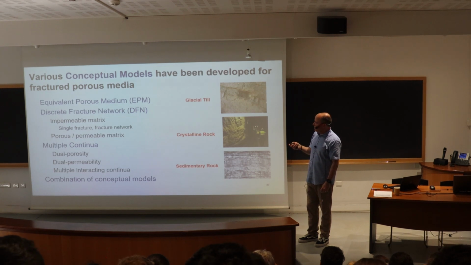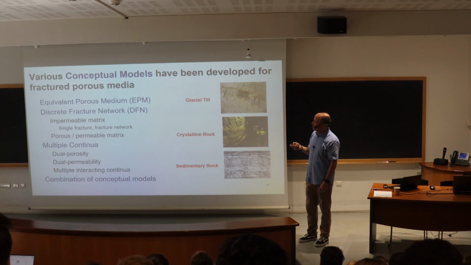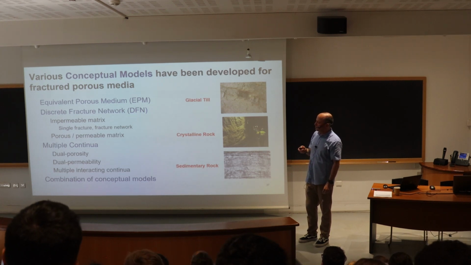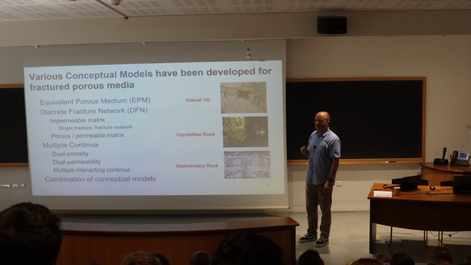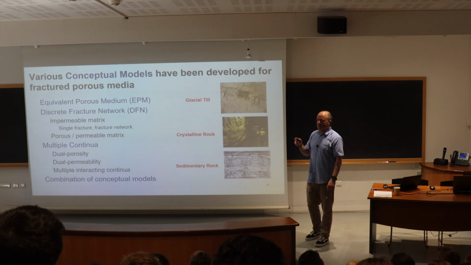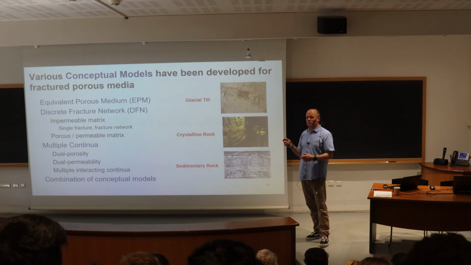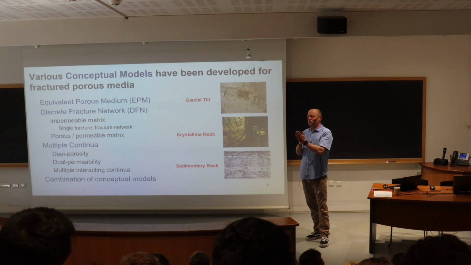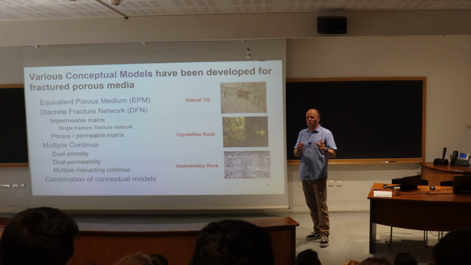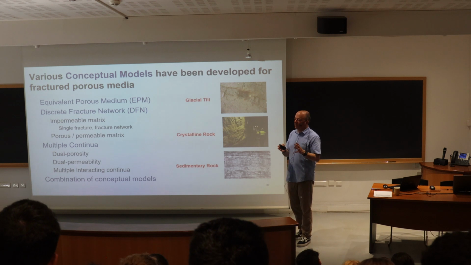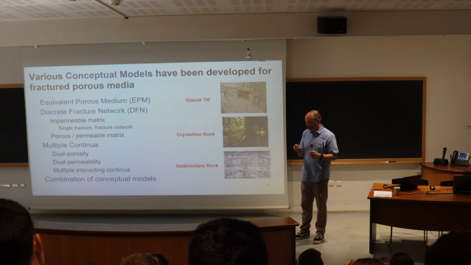So we can use the equivalent porous medium approach, a discrete fracture network approach. I think you'll see in more detail during these 2 weeks. And multiple continua. And as I've said at the beginning, you could have a combination of these approaches, representing the main fractures individually, representing other parts of your system as dual continuum or equivalent porous medium.